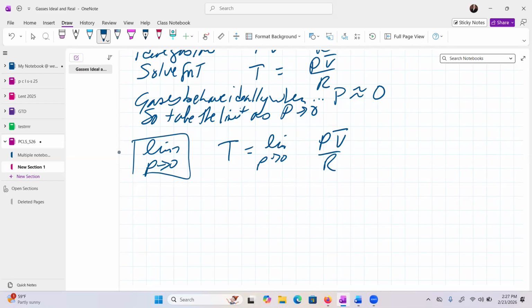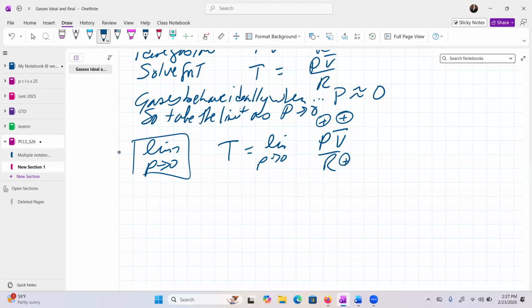Now, there are a few other things we can say here. Is it possible for the pressure to be a negative number? It is not possible for pressure to be negative, so I will put a little plus sign up here. How about volume? It is not possible to have a volume less than 0, so I will put a little plus here. What about R? Well, that's a constant, so that's a positive number.